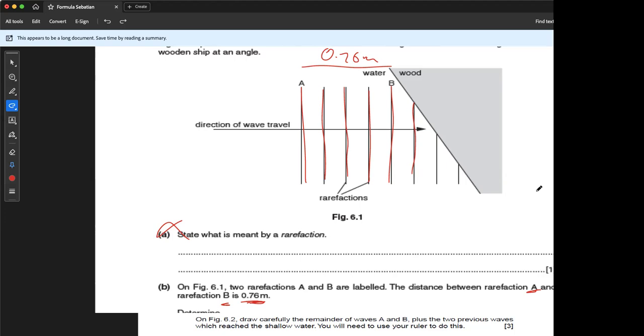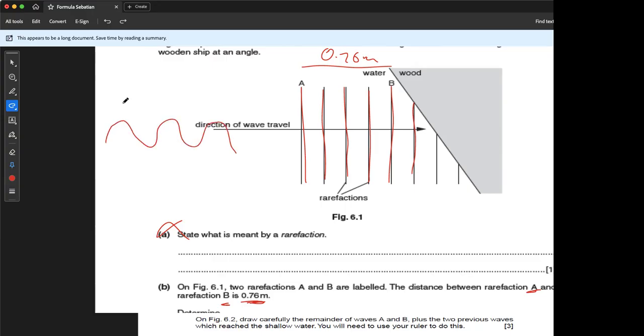Melody, what are wavefronts? Is that the top view of the wavelength? Very good. If you look at it from the side view, you'll see this, right?